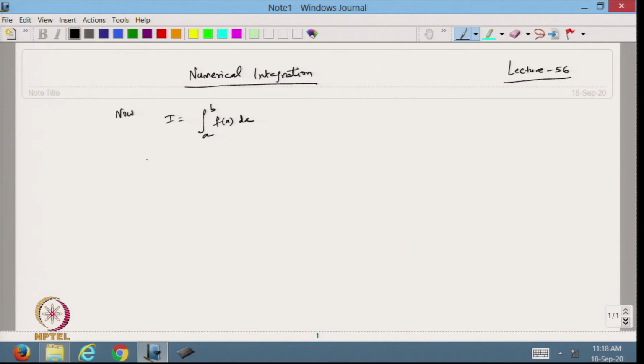What I do is approximate the function f(x) with a Lagrange interpolating polynomial.